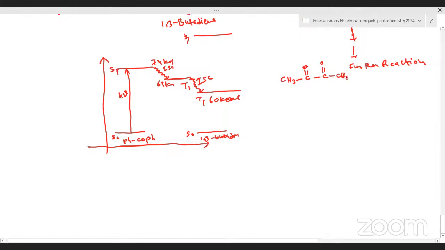This is the biacetyl, right? Next, pyrene and naphthalene.